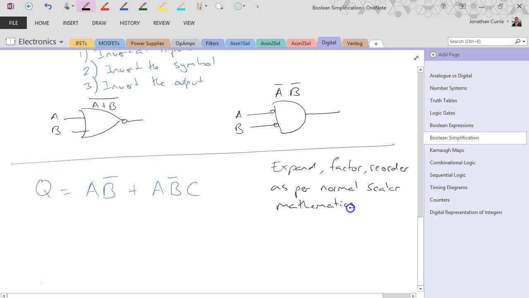By that I mean we can do things like A and B is the same as B and A. A and (B or C) is the same as AB plus AC, and so forth. So the same rules that we're used to in mathematics also apply in Boolean algebra.